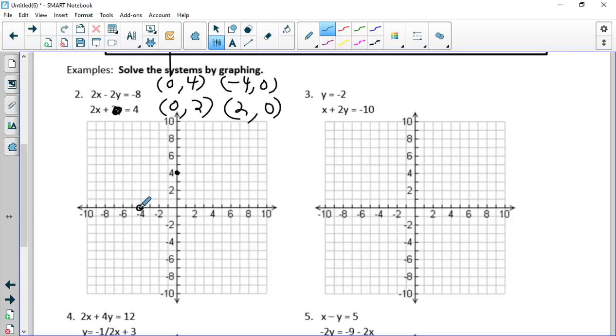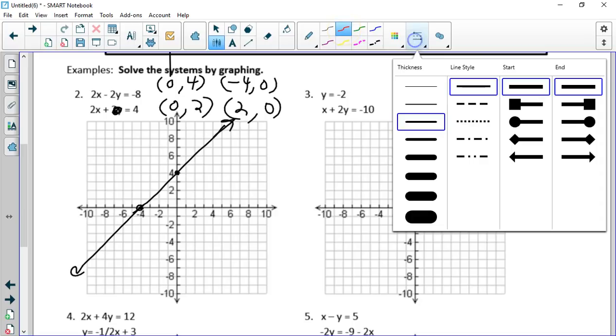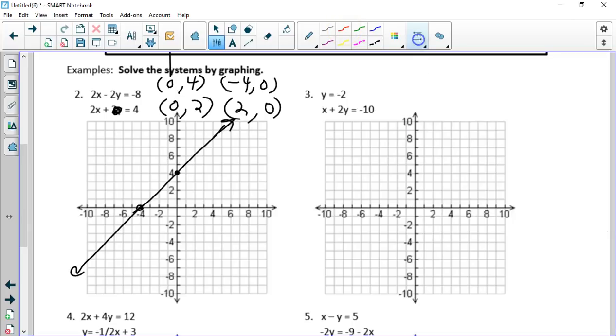So I'm going to graph this line, and again, you're going to use a straight edge. Like so. You can tell I'm using a straight edge. And then (0, 2). And it is a nice idea to use different colors. (0, 2).